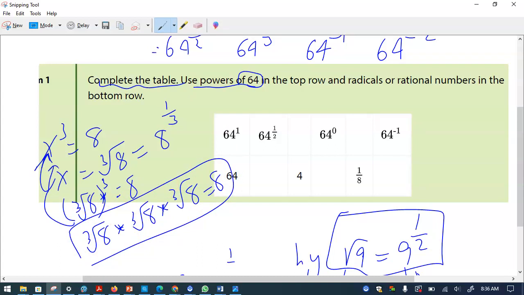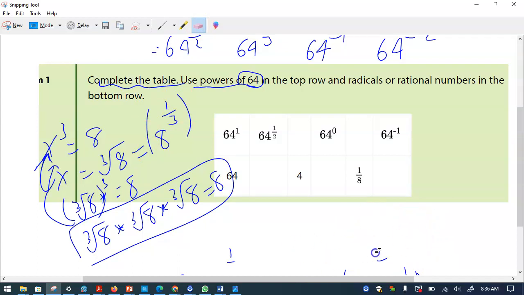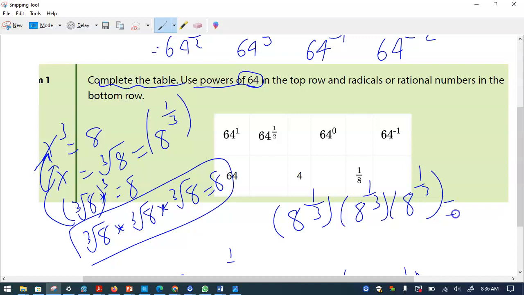Can we also multiply 8 raised to the power 1 third, 3 times? That is 8 raised to 1 third, 8 raised to 1 third, and 8 raised to 1 third. You see, it's 8 raised to 1 third plus 1 third plus 1 third, which is 8 raised to 1.